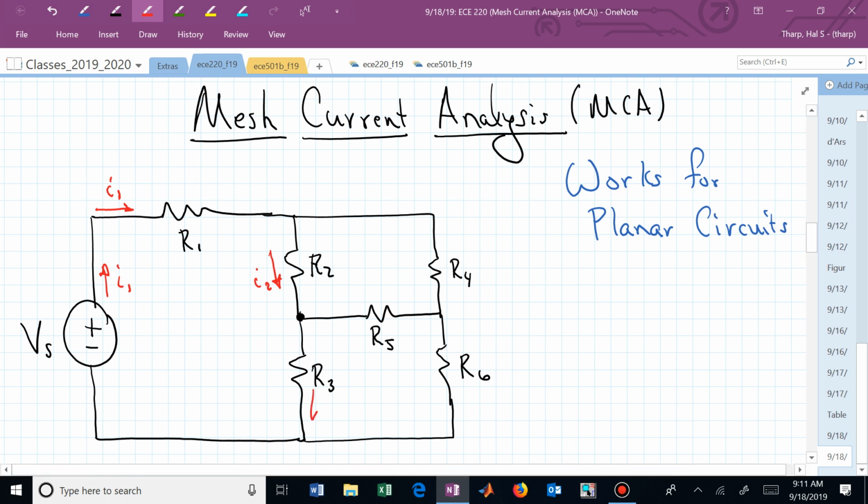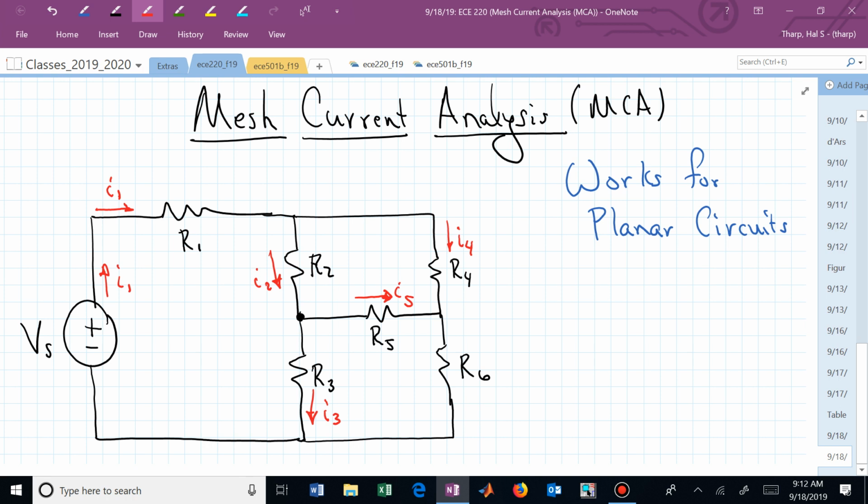R3, here is a third branch current going through the R3 branch. I sub 4 is the current going through the R4 branch. I sub 5, and don't get hung up on which direction this goes. You could put it a different direction. It doesn't really matter. You just have to live with how you define it. I'm going to go from left to right and call I5 the branch current through R5, that R5 branch.